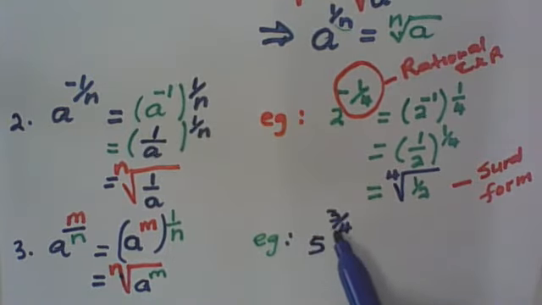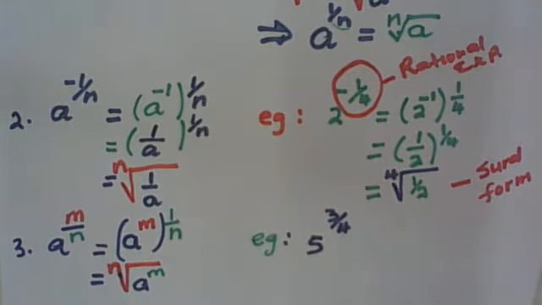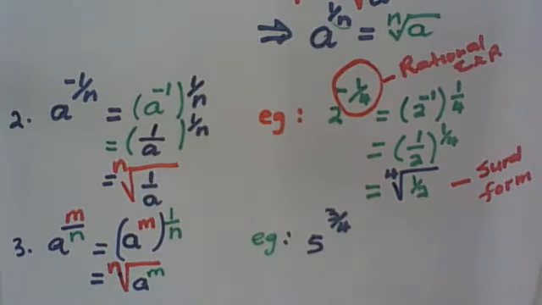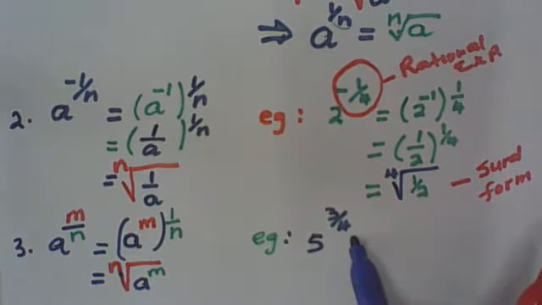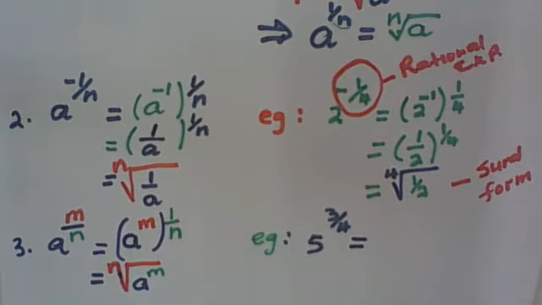This is rational. The base is also rational. Now, how do we convert a power which is in a rational exponent to surd form? We're still going to do the same, guys. What we do is we change it like this.